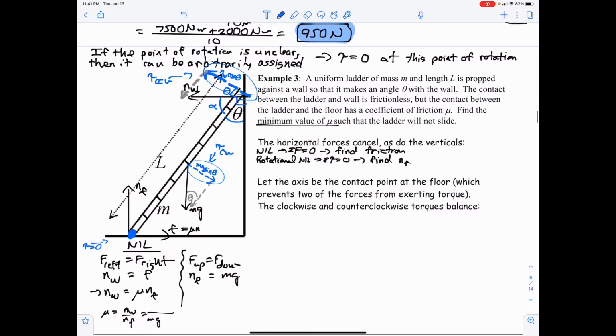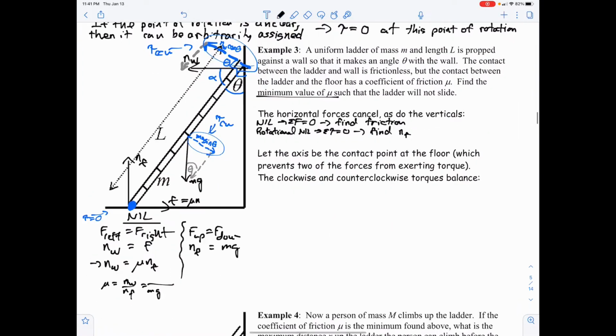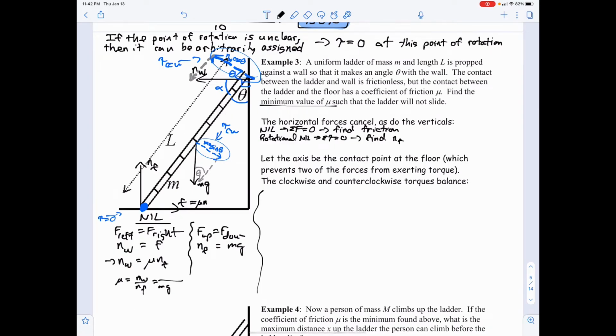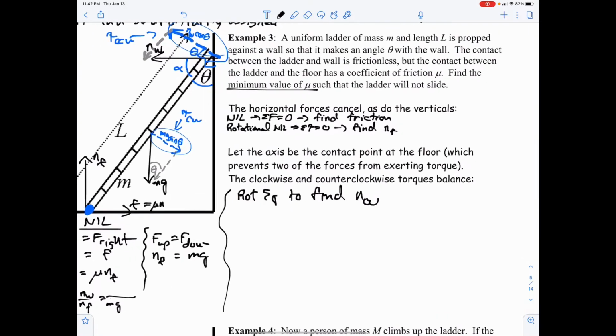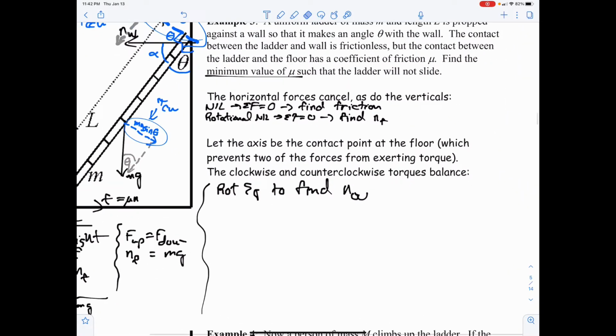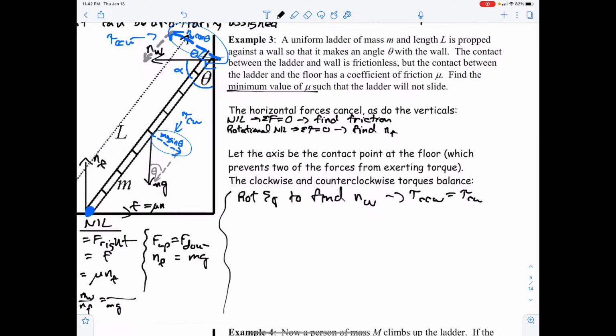That's where we're going to continue the next part of the problem, rotational equilibrium to find NW, the normal force of the wall. So counterclockwise torques equal clockwise torques. Now, what are these torques?